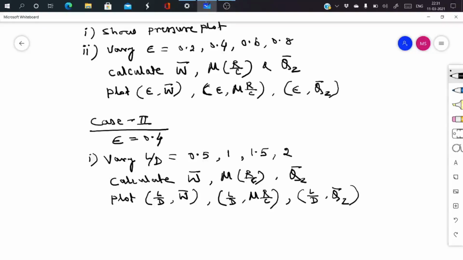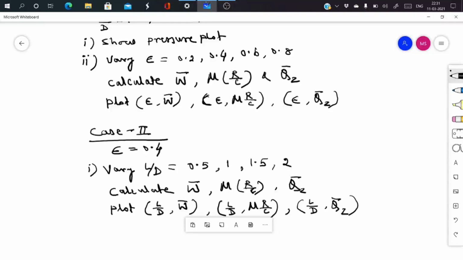I'm not extending further because this is very important for this numerical analysis. If you are able to solve this using the finite difference technique, you should be able to solve any differential equation using it, whether it is for lubrication or any other problem. So with this programming, you will have good knowledge of the finite difference method.